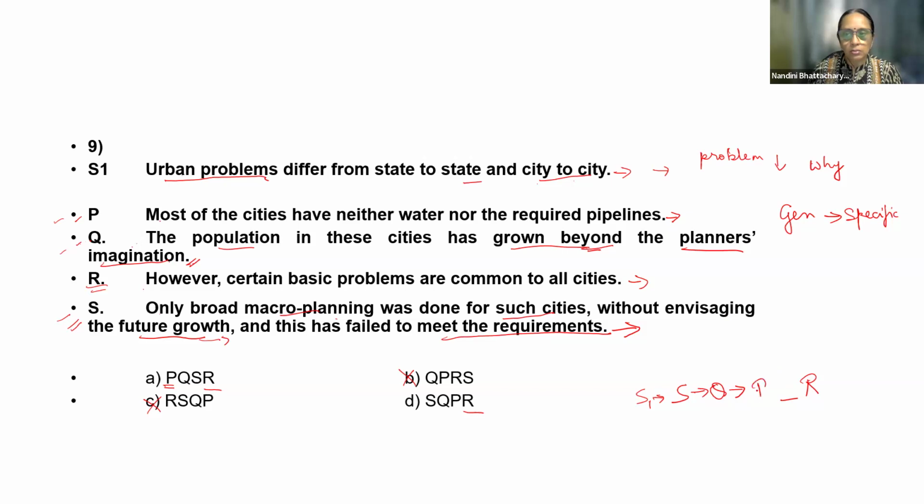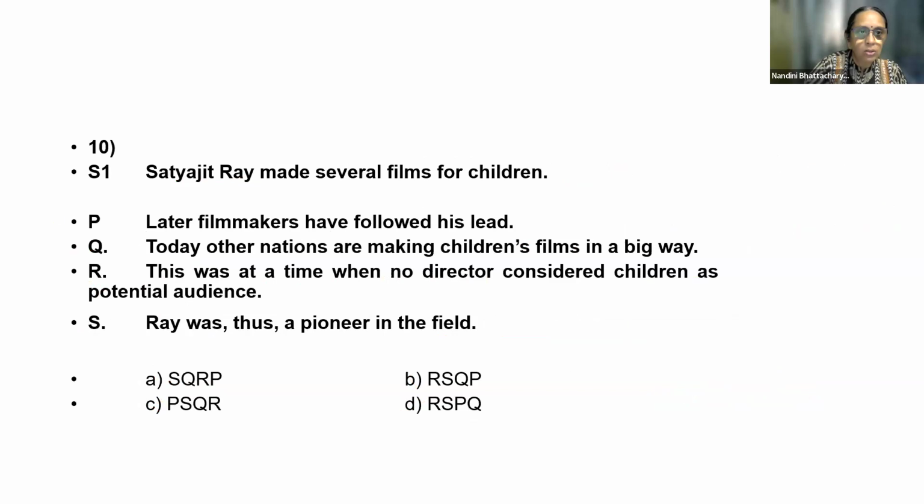So we can go with P. However, certain basic problems are common with all cities. That's a concluding statement. So we come up with D as the answer and not E. Good enough? So this is the last one from this exercise.